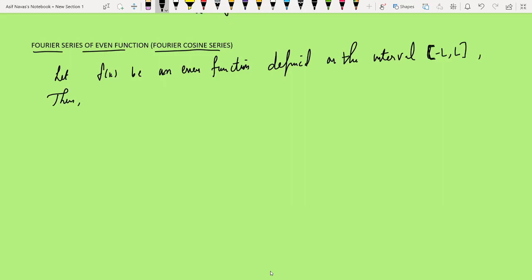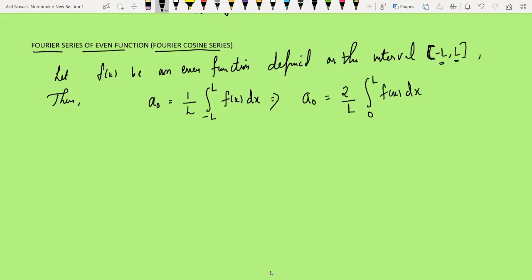Then we know the formula for A naught: 1 by L integral from c to c plus 2L of f of x dx. Here the interval is minus L to L, since c is minus L and c plus 2L is L. Since the function is even, A naught is equal to 2 by L integral from 0 to L of f of x dx. Textbooks usually use the pi form, but I am using L because L is the general form.